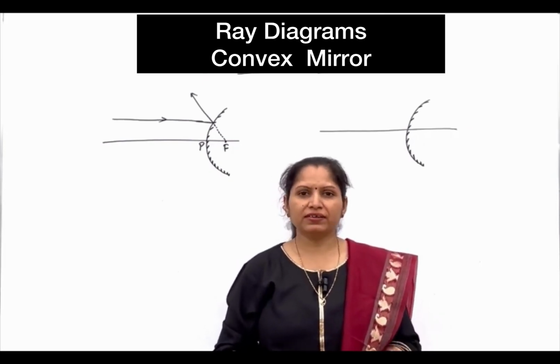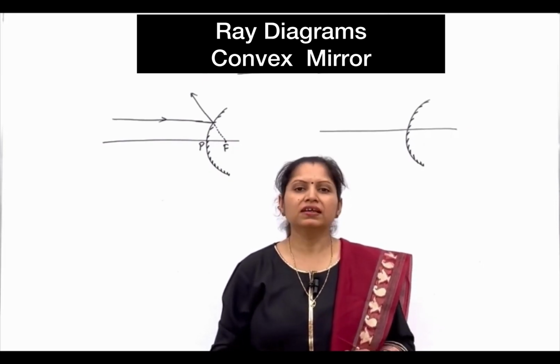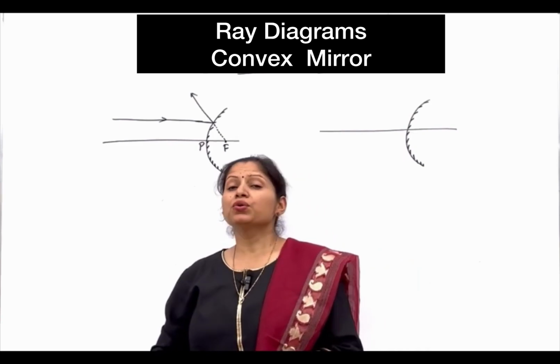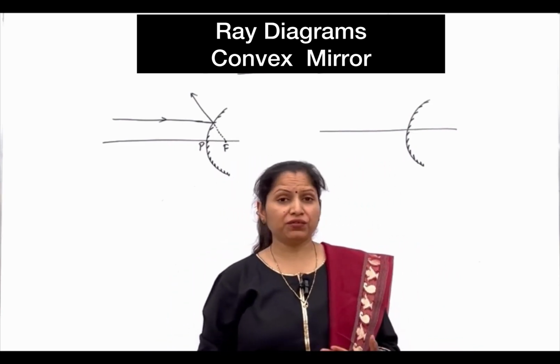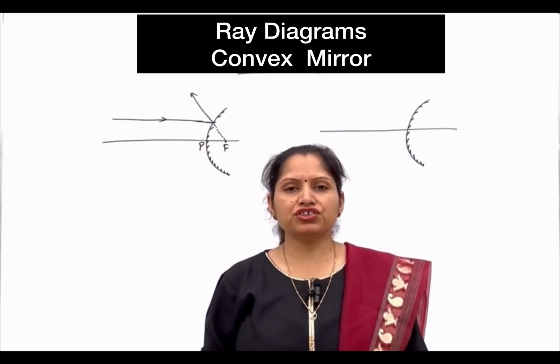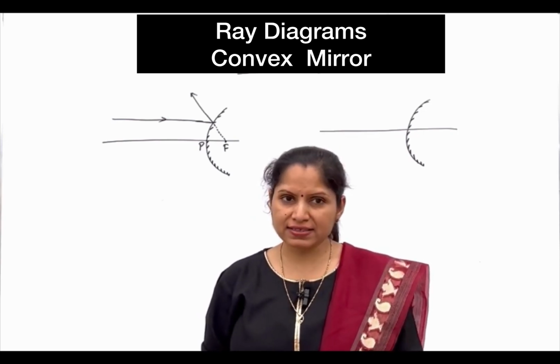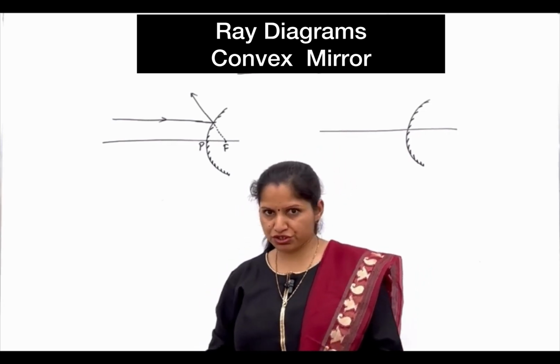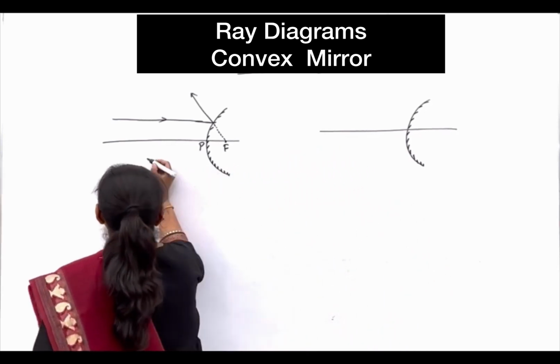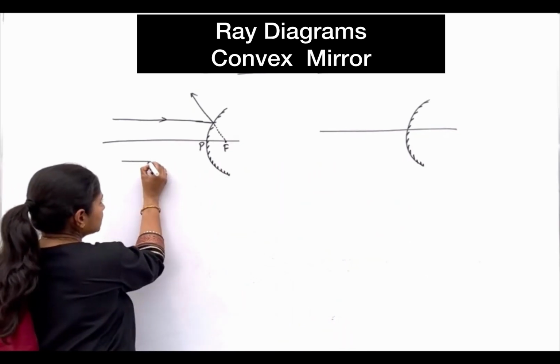Now we'll be drawing the ray diagrams for convex mirrors. The first condition is when the object is at infinity. Whenever the object is at infinity, we just draw two parallel lines that show the object position. So I'll be drawing two parallel lines.